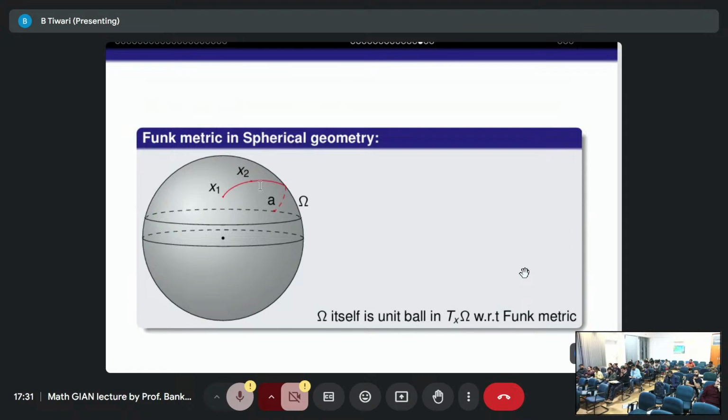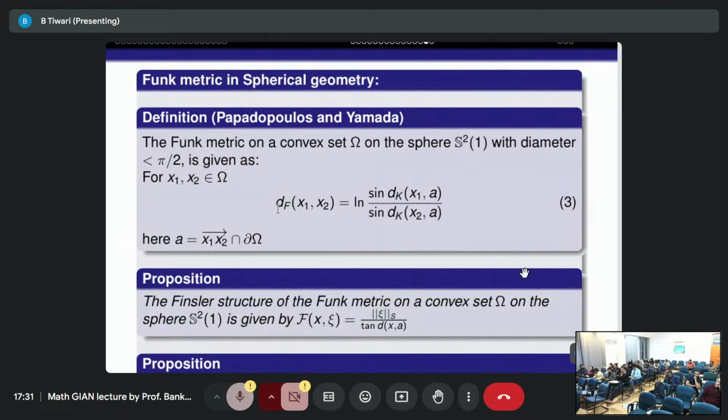So suppose x1 and x2 are two points in a convex set omega on the sphere, and suppose the geodesic, the great circle passing through x1 and x2, intersects the boundary at A. So you compute the spherical distance from x1 to A, x2 to A, take their sine and take the ratio, and that is the Funk formula for a convex set on the sphere.